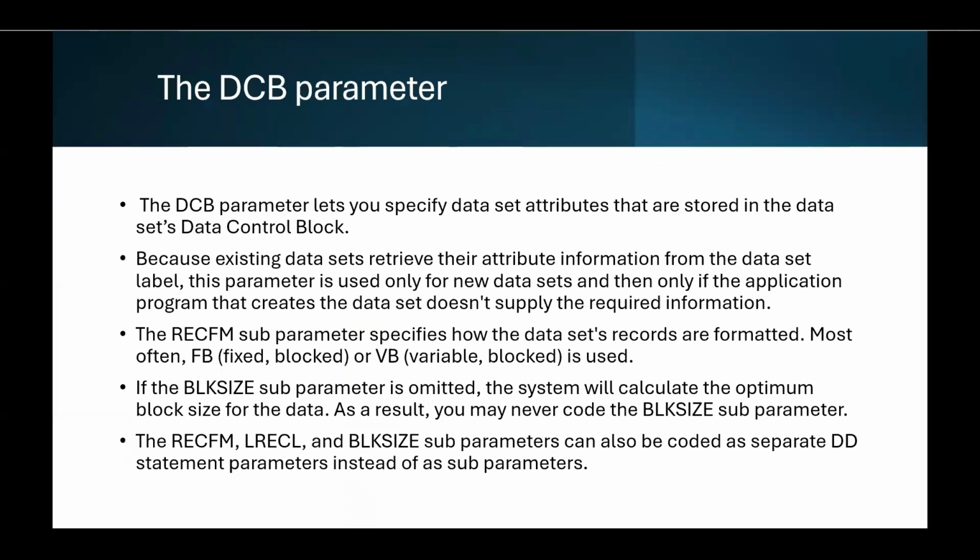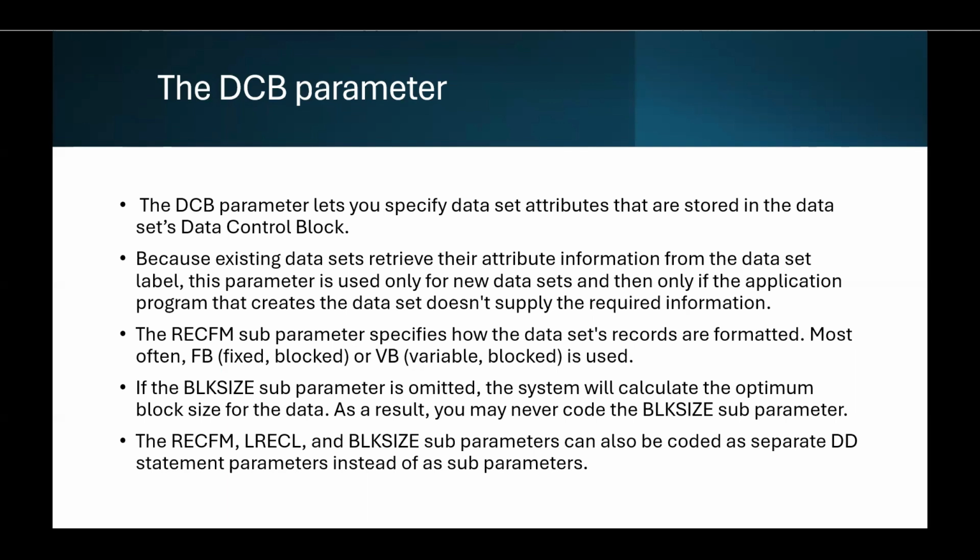The next one is the DCB parameter. The DCB parameter lets you specify the dataset attributes that are stored in the dataset's data control block. Because existing datasets retrieve their attribute information from the dataset's label, this parameter is used only for new datasets, and then only if the application program that creates the dataset doesn't supply the required information. The RECFM subparameter specifies how the dataset records are formatted.